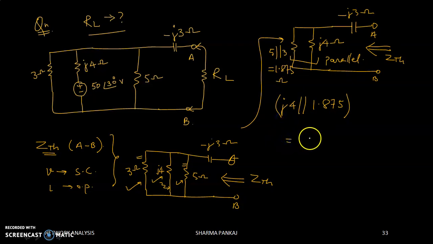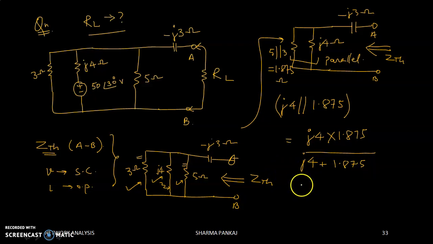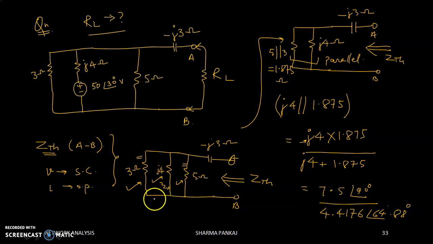So it is J4 into 1.875 upon J4 plus 1.875, which is coming 7.5 angle 90 degree upon 4.4176 angle 64.88 degree.